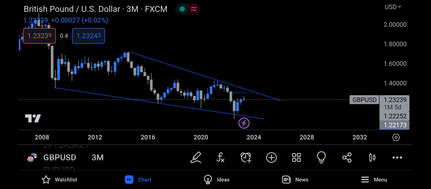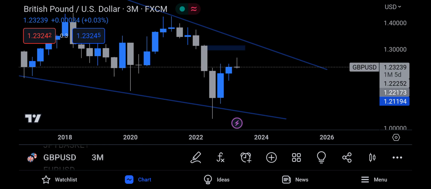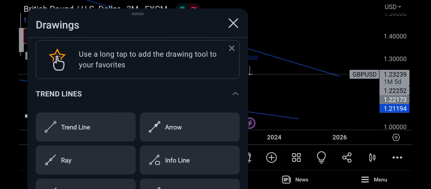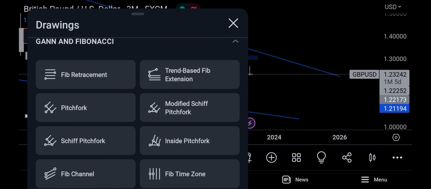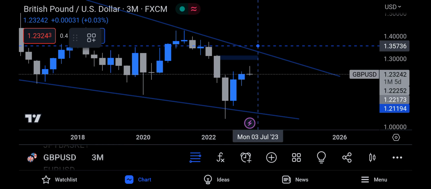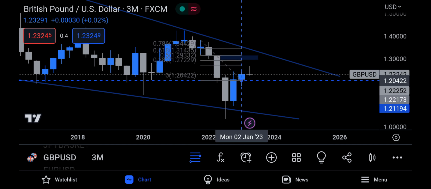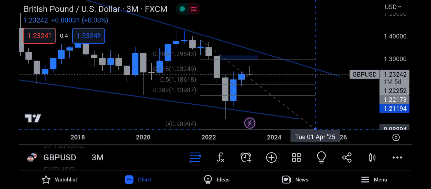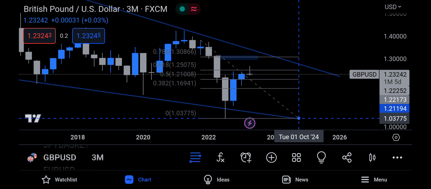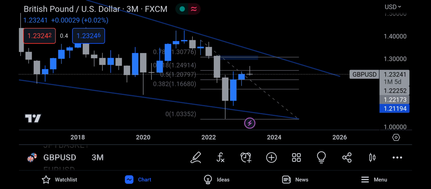Now, if you want to measure with our Fibonacci, we take it from this swing high here to this swing low.